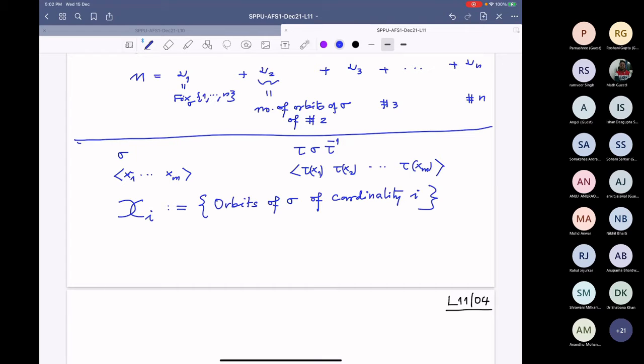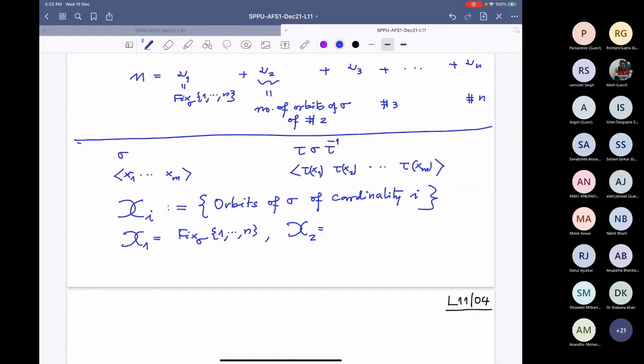For example, script X_1 will be just the fixed points of sigma. Capital script X_2 will be just the orbits with cardinality two.